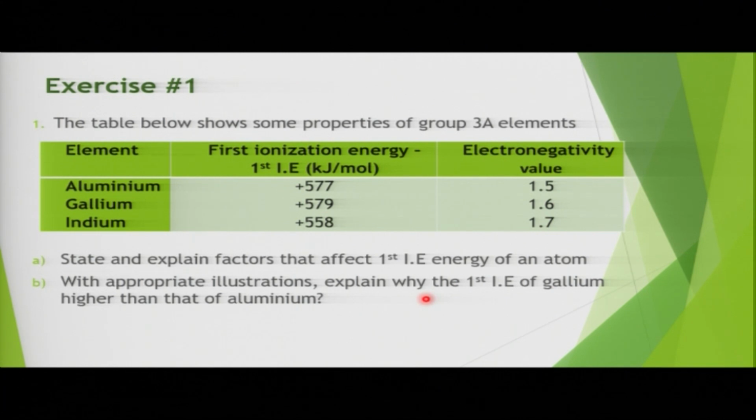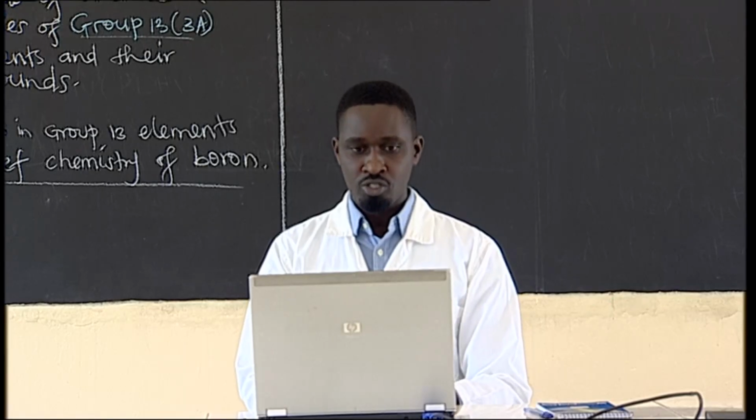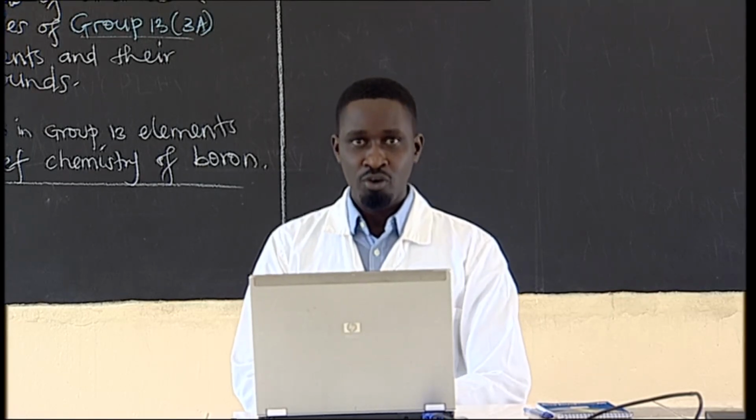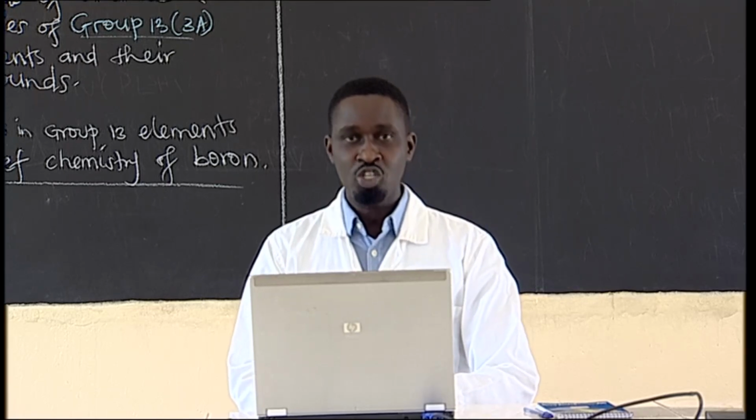Then we are to explain why gallium exhibits a higher first ionization energy than aluminium. So make sure you go through that exercise as you refer back to the previous knowledge about the variations in physical properties.